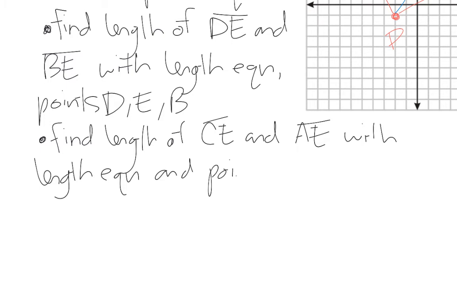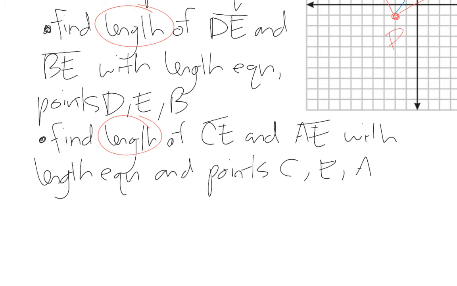And points C, E, and A. Now that we have the lengths or distances of all of these line segments, we can compare them. If all of these distances or lengths are the same, therefore these diagonals bisect each other.